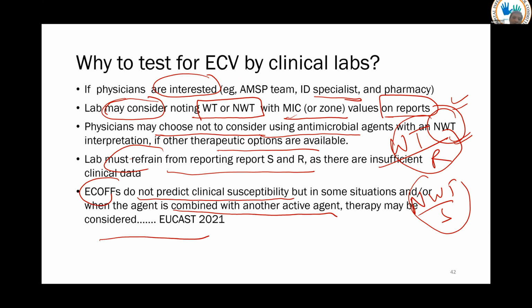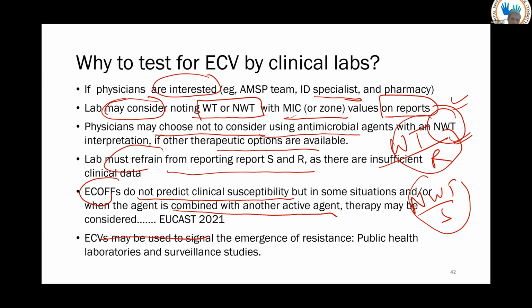You can consider it for treatment if there is no other option, and if you give that antibiotic as part of a combination regimen. So this is a statement from EUCAST.